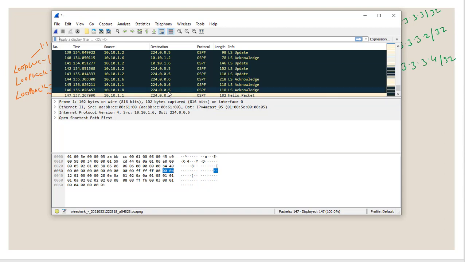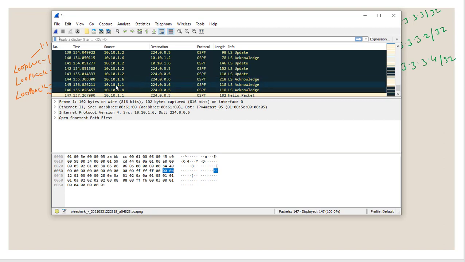Now you can see there are two destination IP addresses. This is 224.0.0.6 and this is 224.0.0.5.